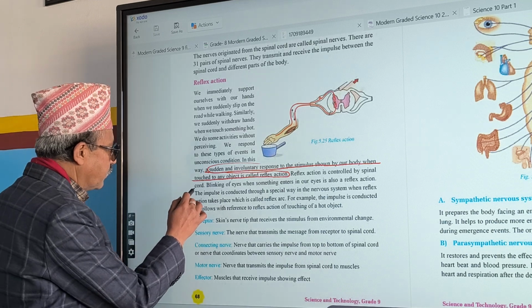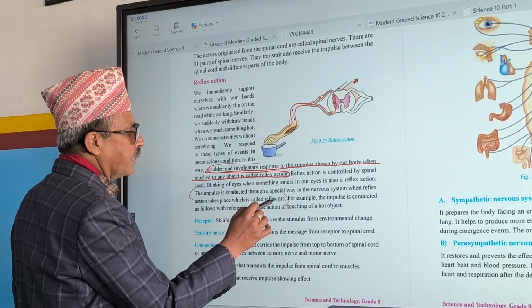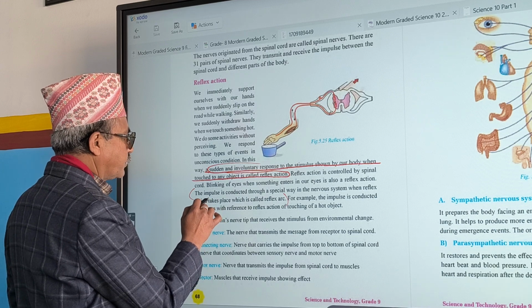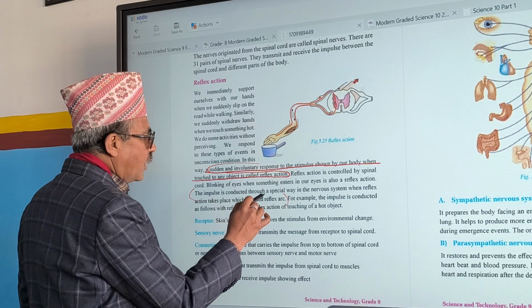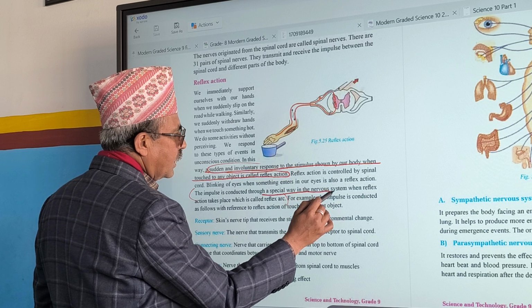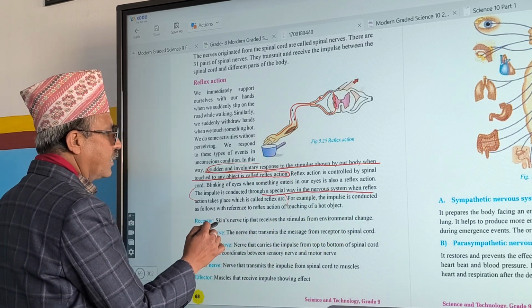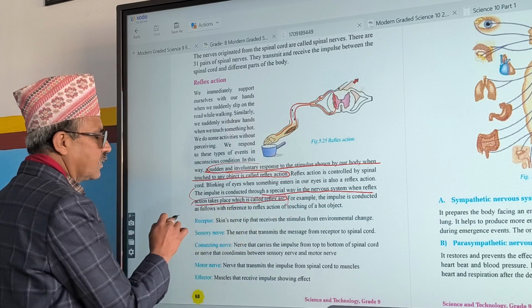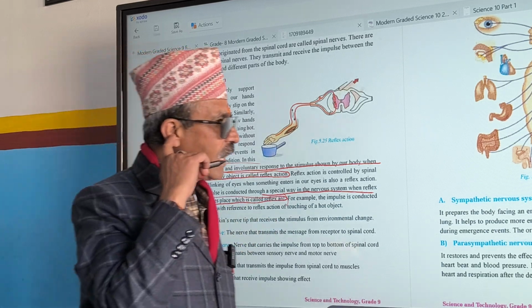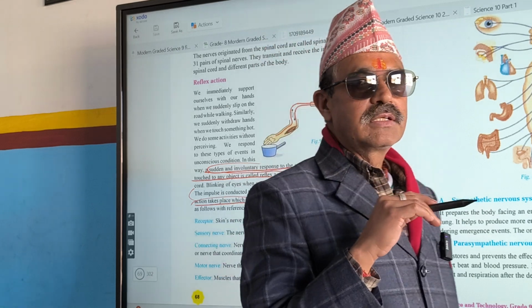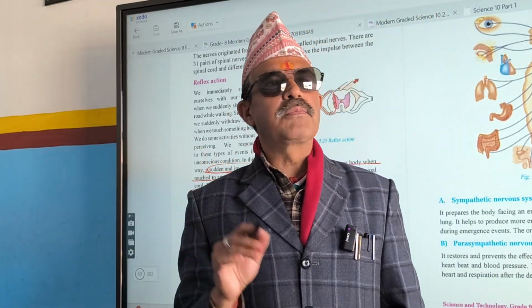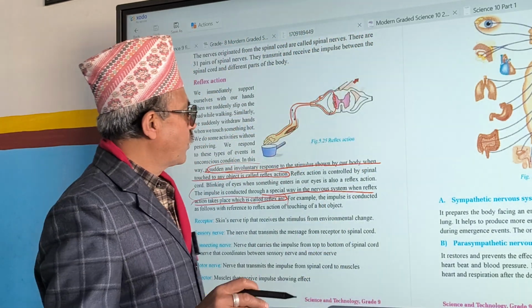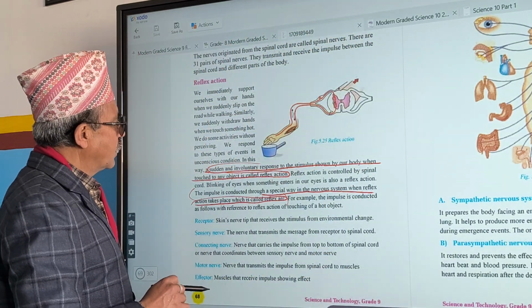Next heading is given. A special way in the nervous system when reflex action takes place is called reflex arc. Reflex arc is the path taken by the impulse, the way taken by the message to go from one place to another during reflex action.